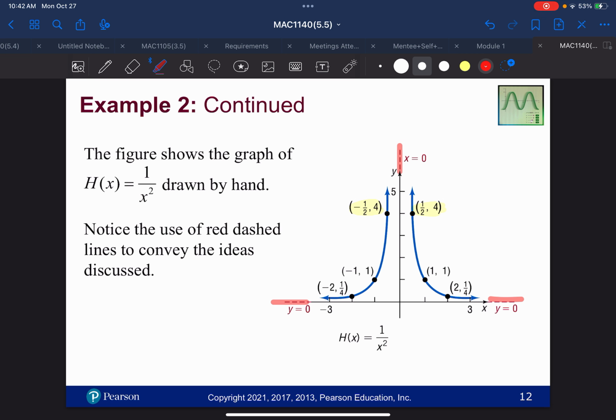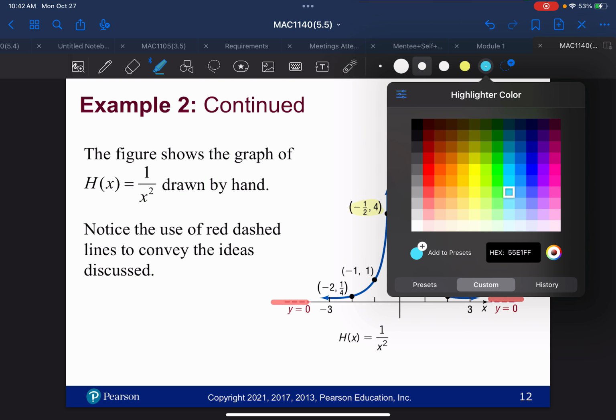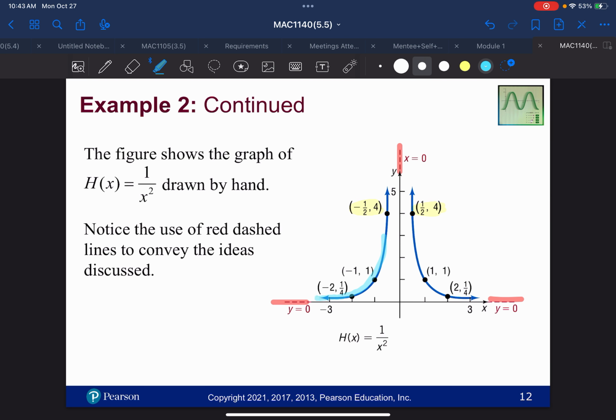So as x is approaching negative infinity, my y values are approaching 0. As x is approaching positive infinity, my y values are approaching 0. And as x is approaching 0, getting closer to 0 here, my y values are approaching infinity. On both sides.